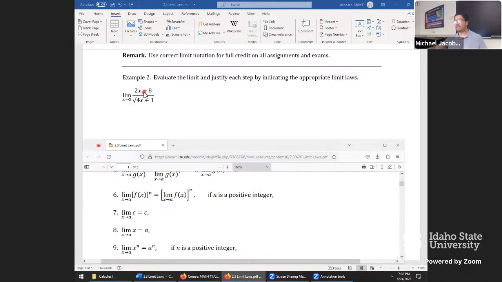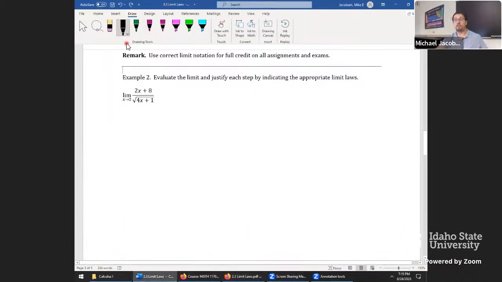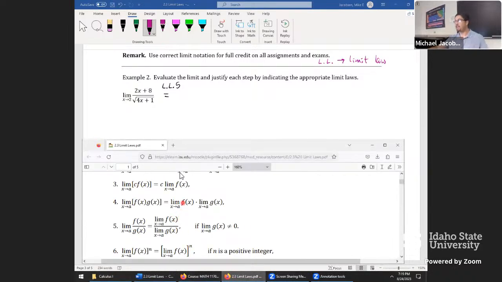There's a ratio of functions, right? So we can begin with limit law 5. We're going to split up the limit, distribute it to numerator and denominator right away. And I'll abbreviate this by saying LL for limit law, and 5. Should probably define anything I put in there. L.L. means limit law, meaning that we're just referring to this table right here again.